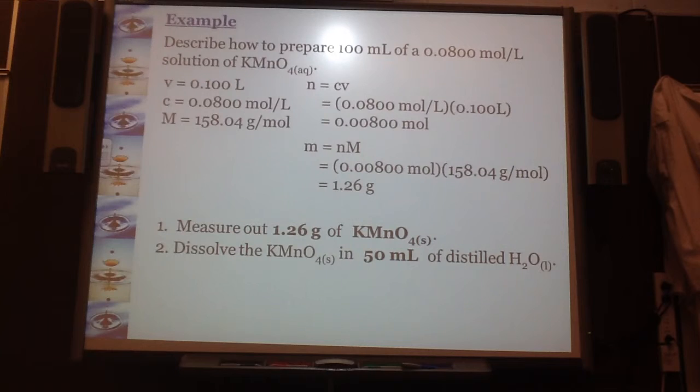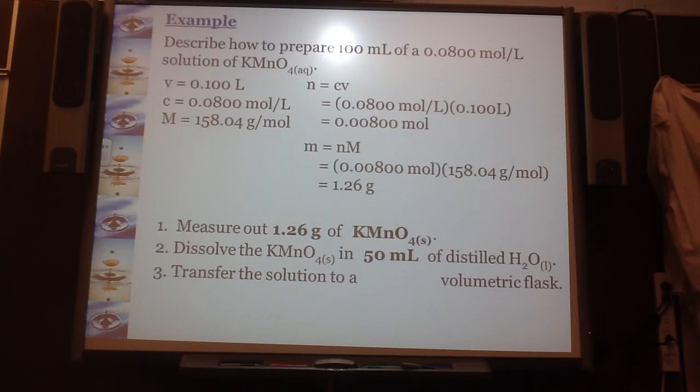And then you make sure it's mixed up. And why is it distilled H2O? Why shouldn't I just get it out of the tap? Yeah, definitely it has other ions in it that will react, and so it's definitely not a pure substance or a pure solution at all if you use tap water.